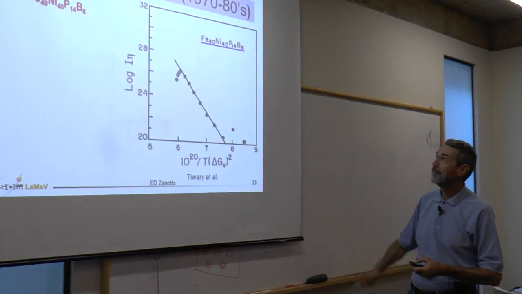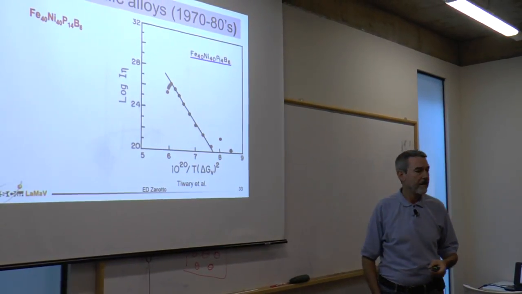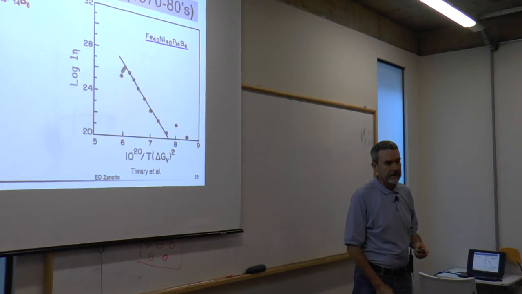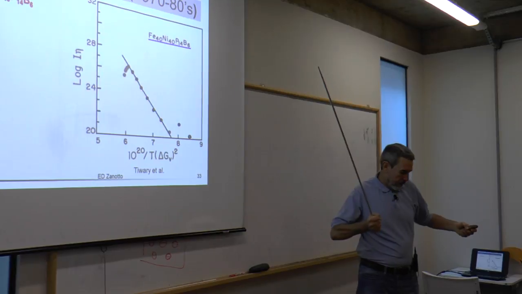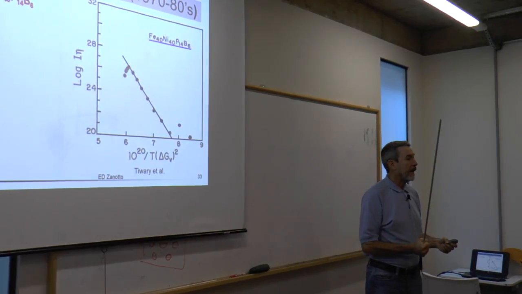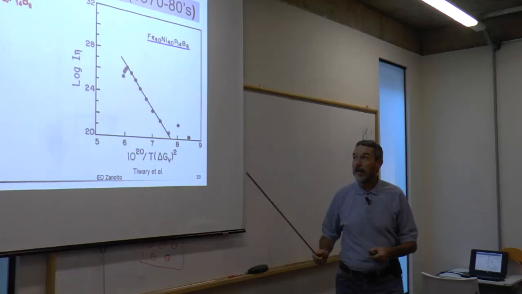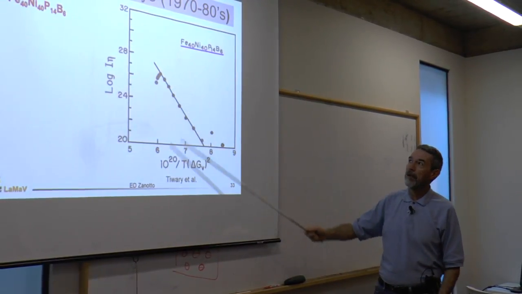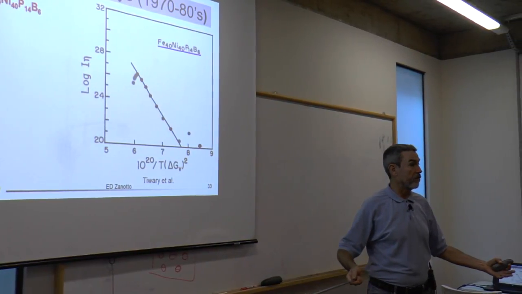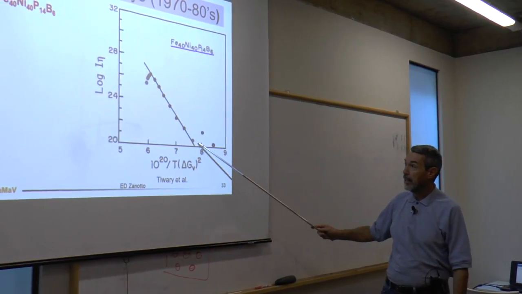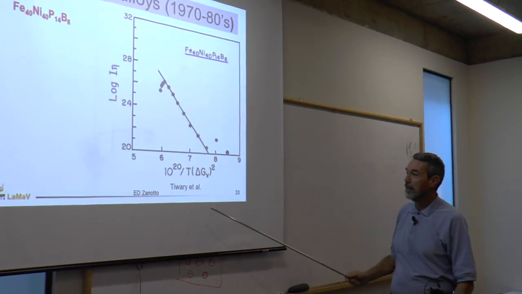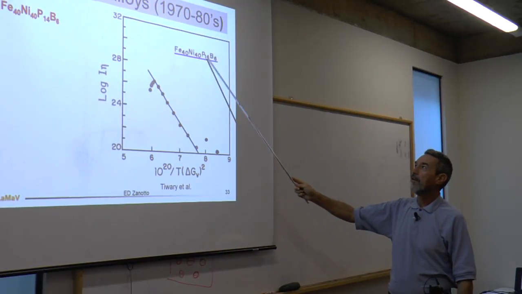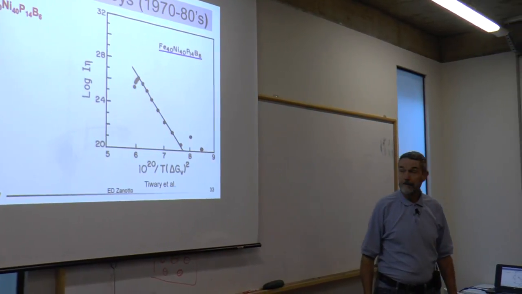Okay, so in the 70s, glassy metallic alloys were discovered, so they could quench and make a glass, and then reheat the glass and measure nucleation rates in a wider range of temperatures, like 20 degrees Celsius or so, rather than 2 or 3 degrees Celsius. And these are the experimental data points of Tiwari and collaborators for an iron, nickel, phosphorus, boron alloy.